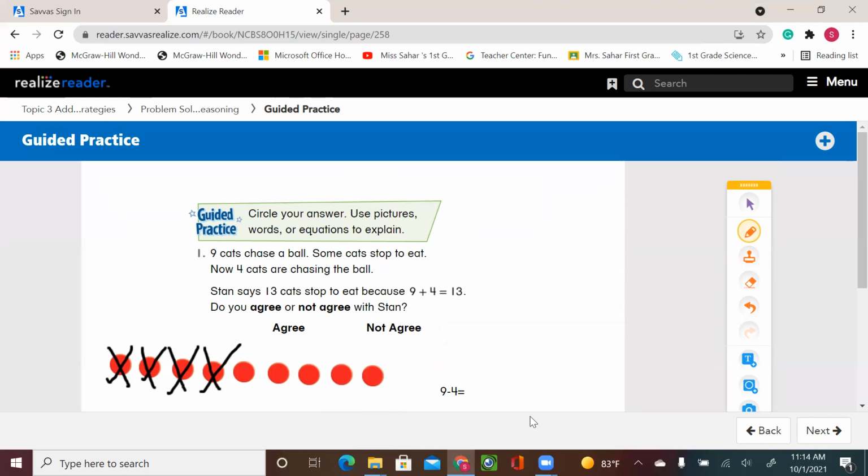So 9 minus 4 equals 5. So now 5 cats are chasing the ball. But Stan added, as I was saying, he just saw 9 and number 4, then added them together. But we didn't say more cats join. No. So 9 minus 4 equals 5. So 5 cats stopped to eat.